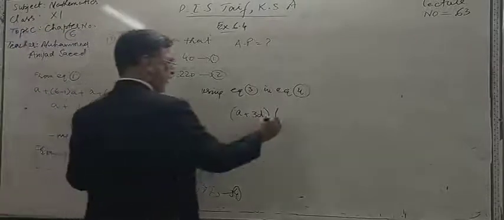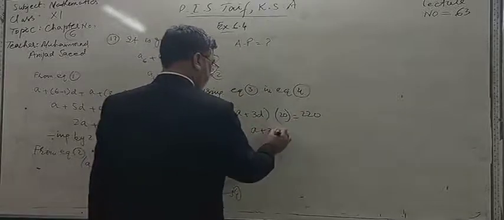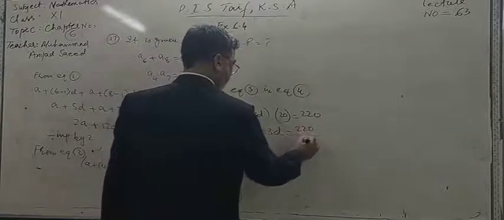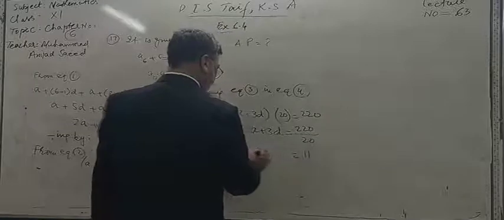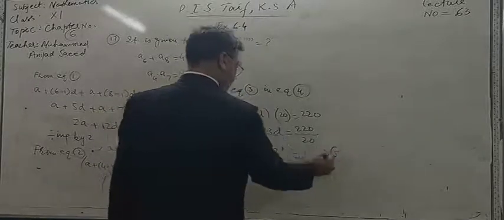So we will write down here 20. That is 220. a plus 3d is equal to 220 divided by 20. That will be 11. a plus 3d is equal to 11, that is equation 5.